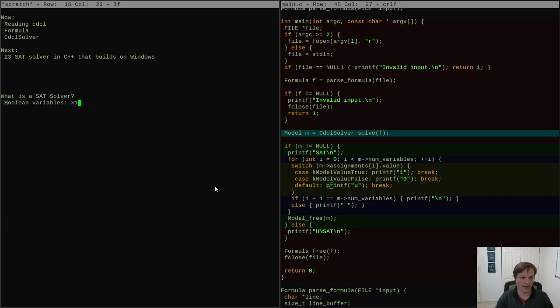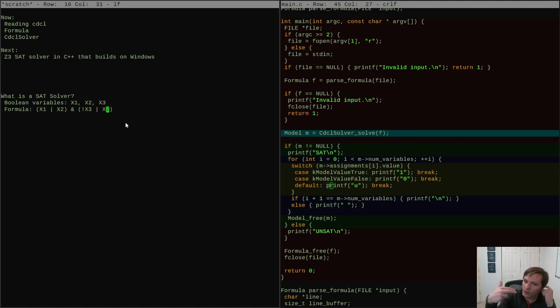We might call them x1, x2, x3, etc. And then we have some formula, and that formula is, okay, we want x1 or x2 and not x3 or x2. So here's my formula. I want to know, is it even possible to make this whole thing true? And if it is, how do I set all the variables to get there?